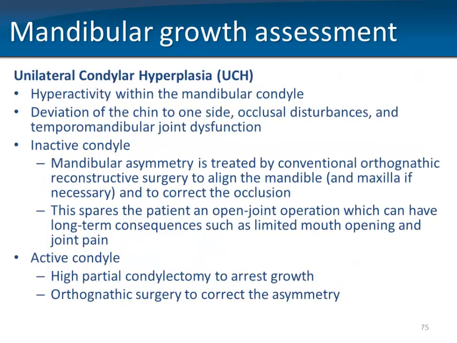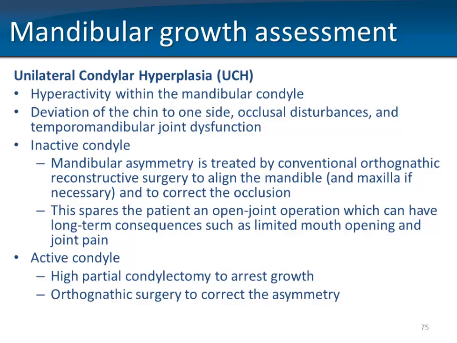So for unilateral condylar hyperplasia, hyperactivity is seen within the mandibular condyle when it is active. You get a deviation of the chin to one side. You can get occlusional disturbances, and it can also lead to degenerative changes in the temporomandibular joint.